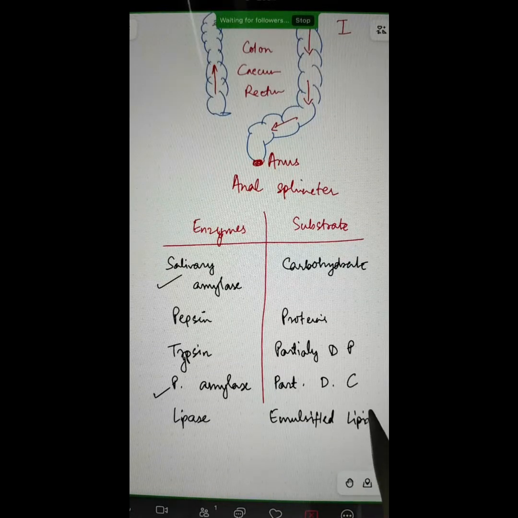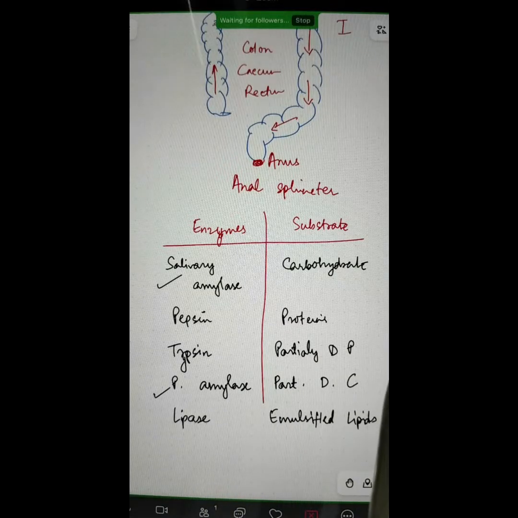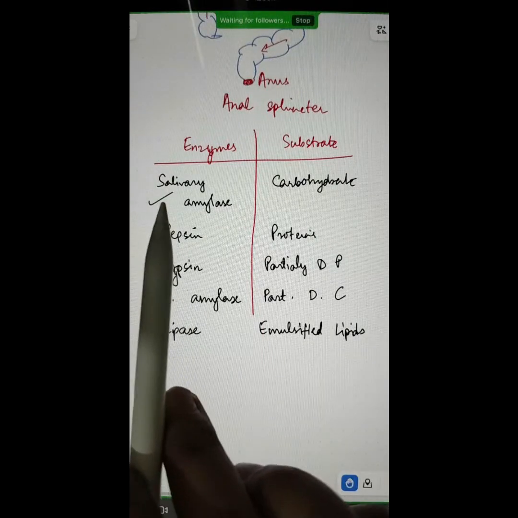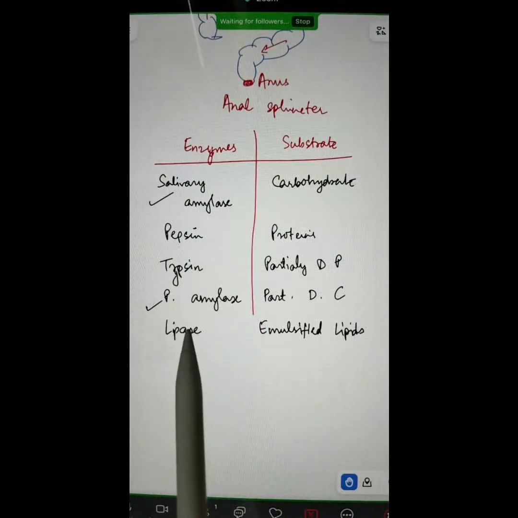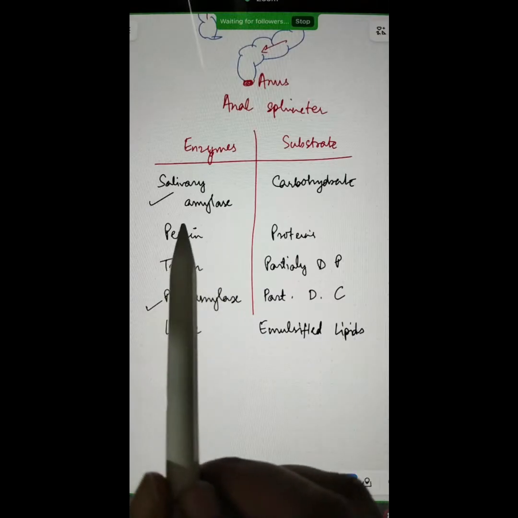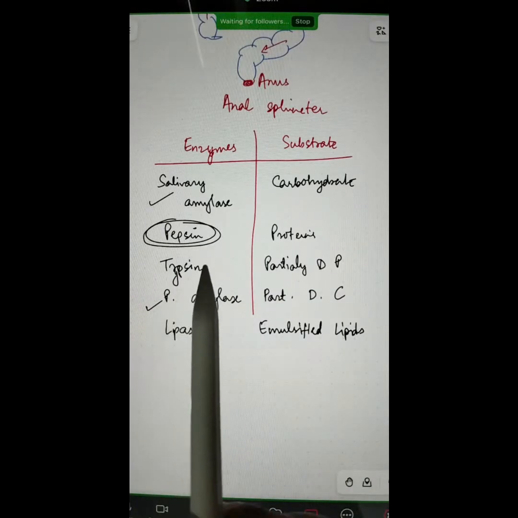How do the lipids become emulsified? Once bile acts upon the lipids, right? So you should know in detail which enzymes help in digestion, what their substrates are, and which type of pH is required by them. Remember, this requires acidic pH, strongly acidic.